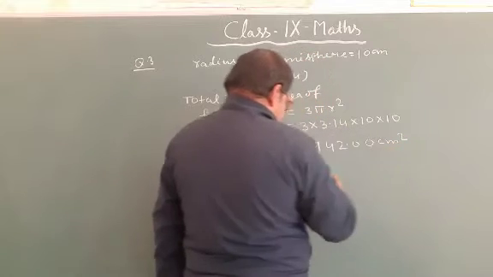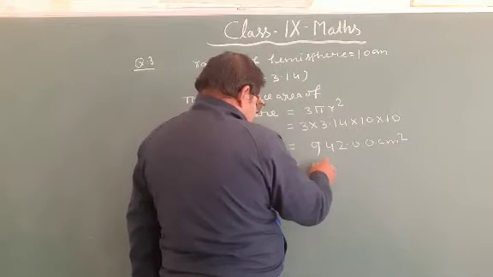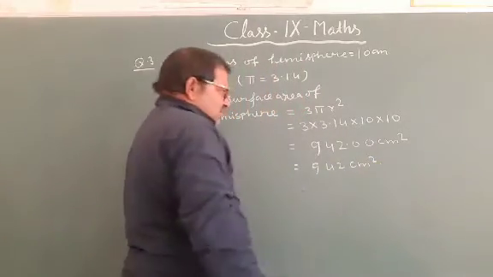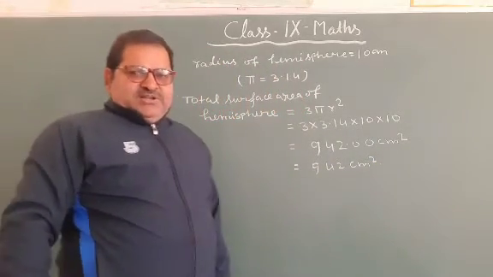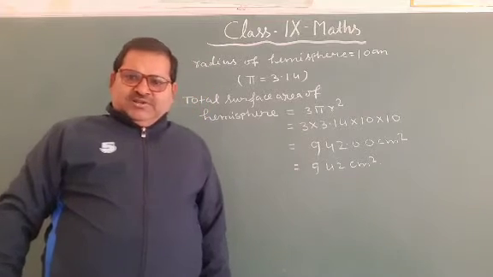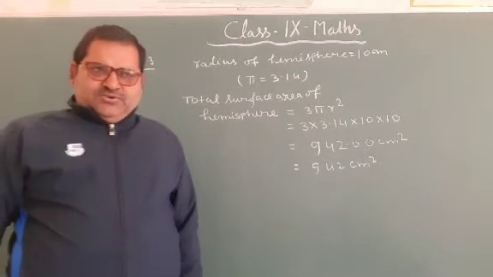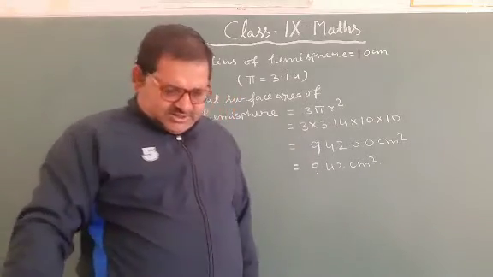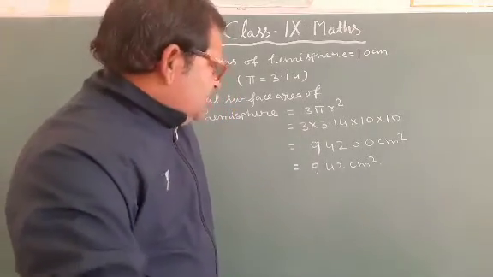So equal to 942 centimeter square is the total surface area of a hemisphere. Clear? Next question.